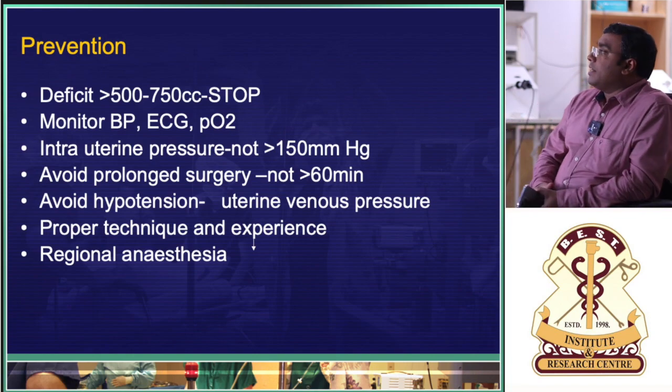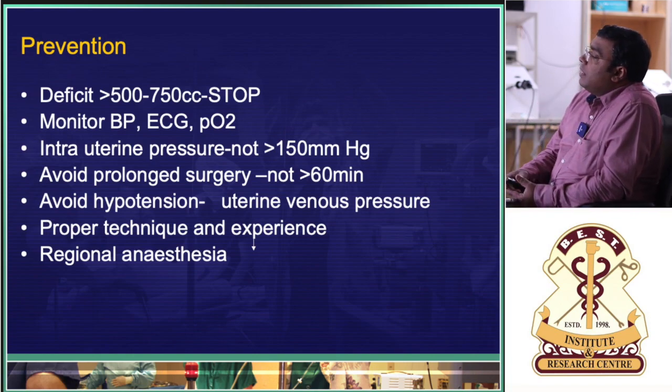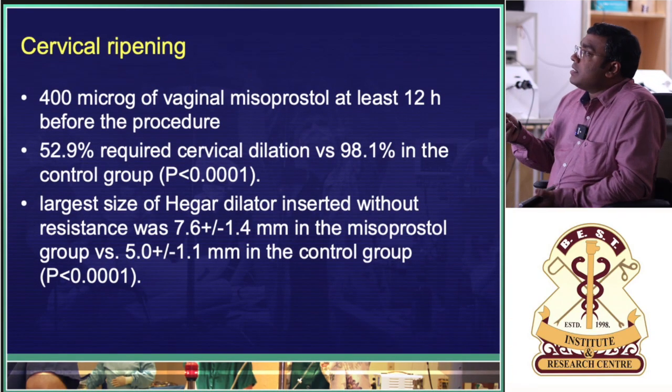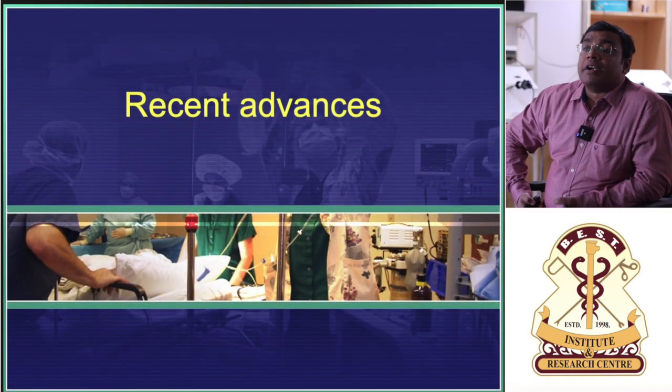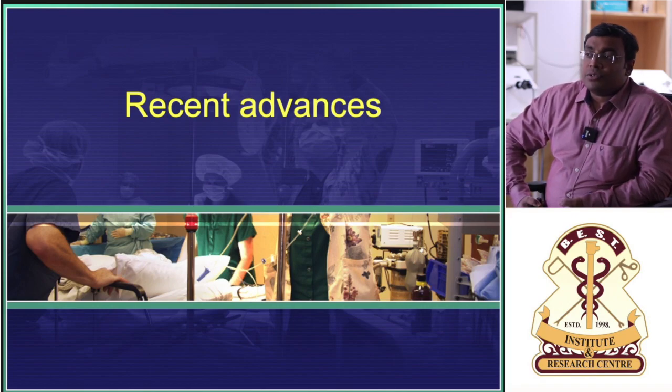Don't keep too high an intrauterine pressure. When it comes to normal saline, 2500 ml is the cutoff, but the 1 hour limit and all those things are the same. So it is time dependent.